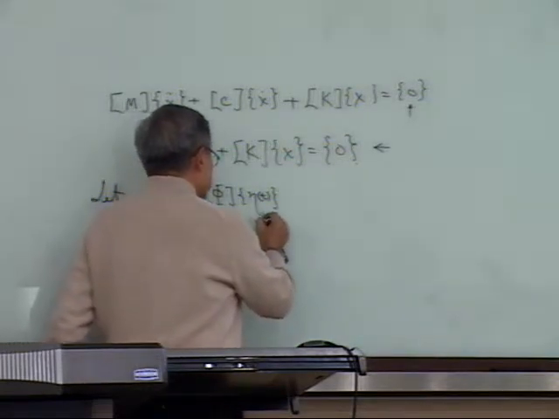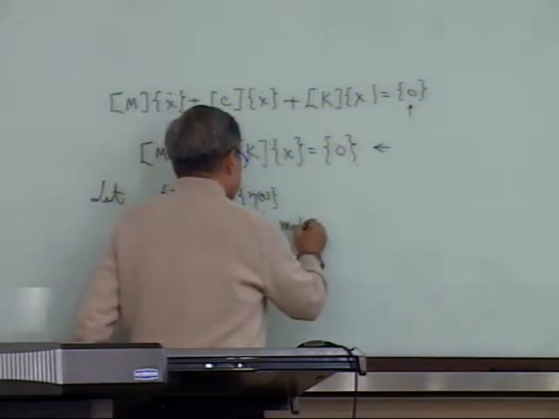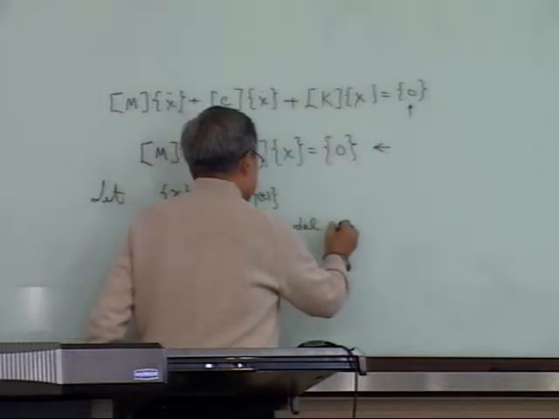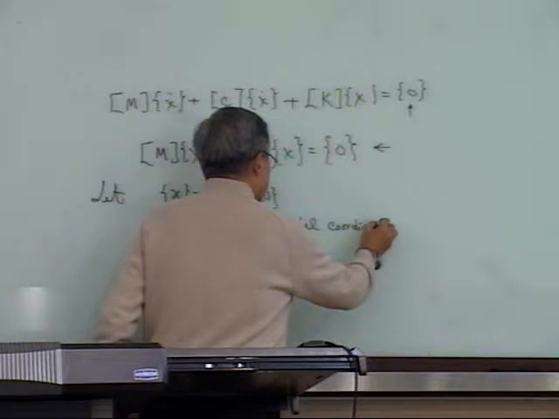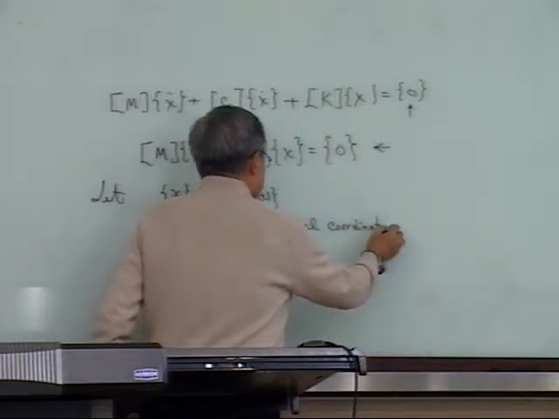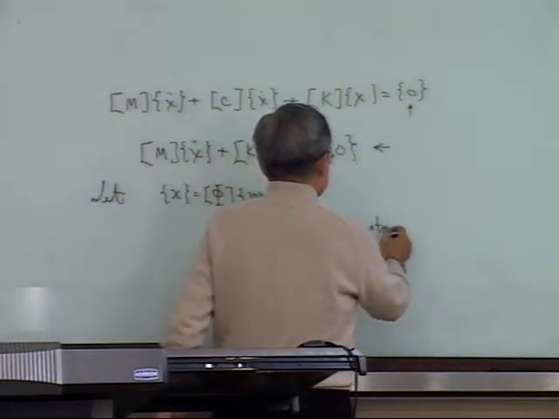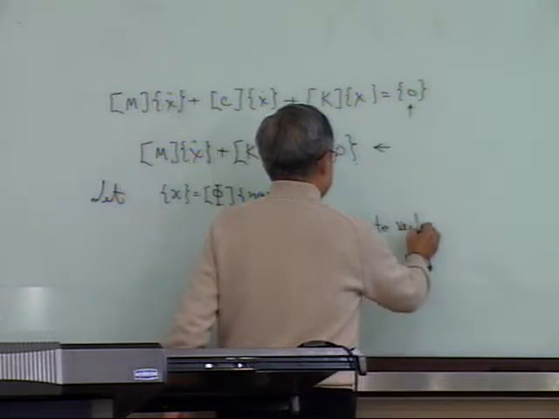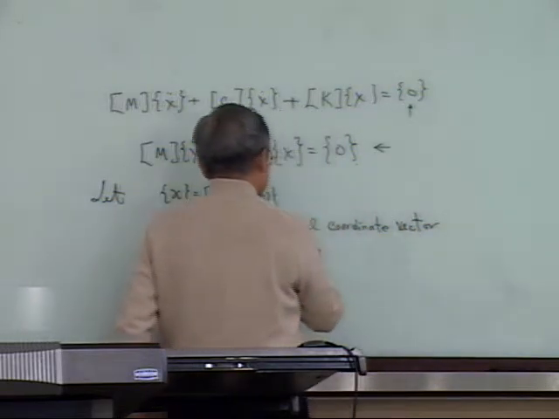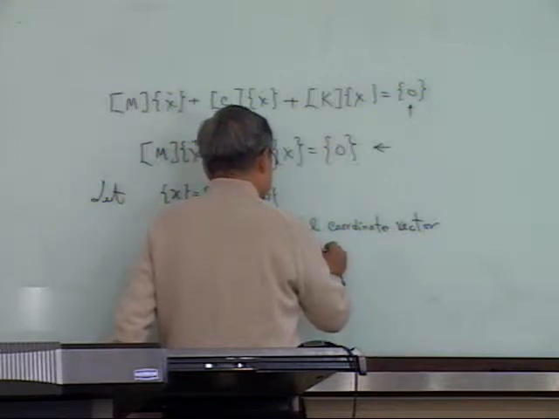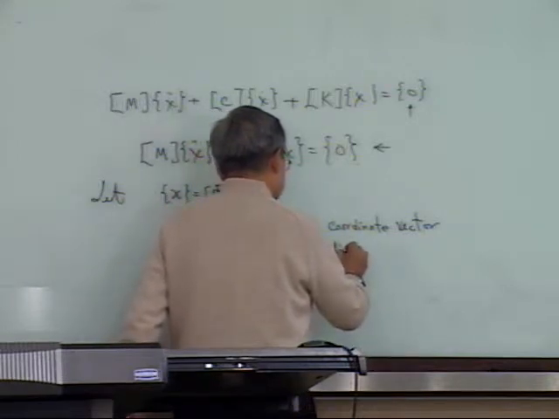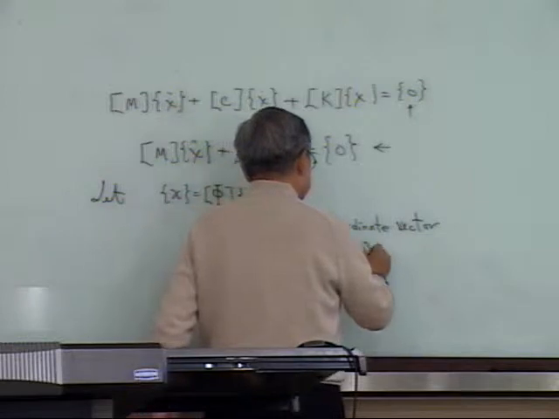So this is called the modal coordinate vector, or generalized coordinate vector.